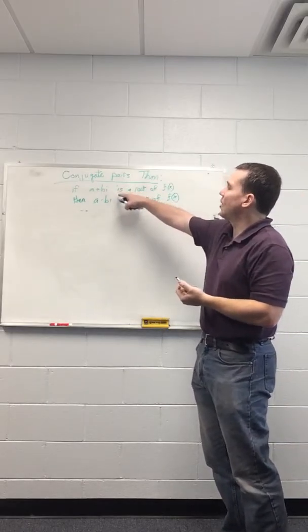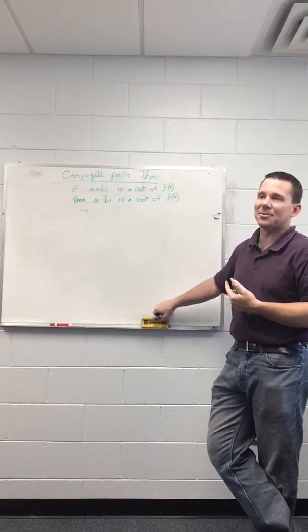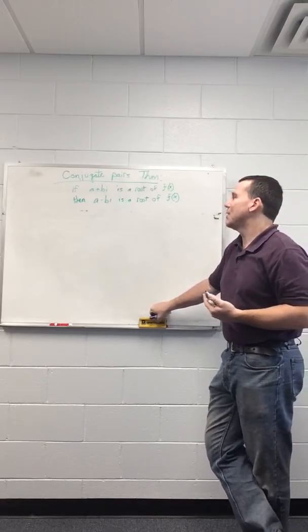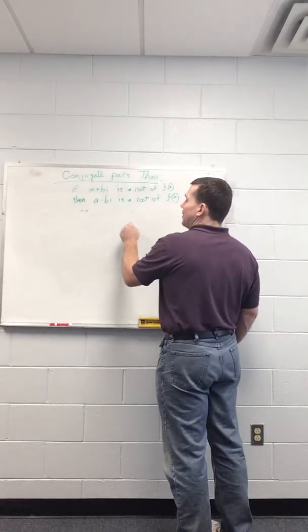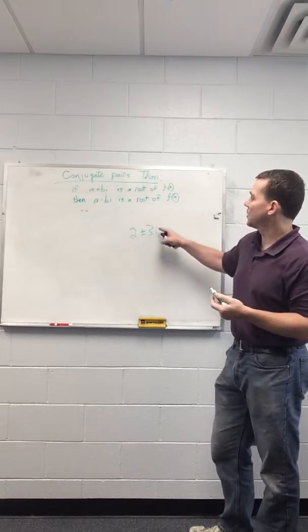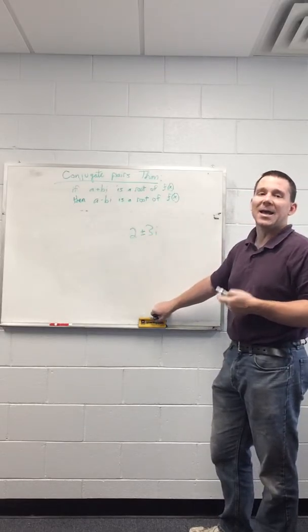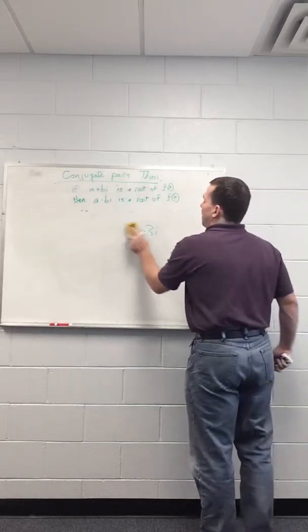Essentially, if you get one complex number as the root of a polynomial, then you get its conjugate as a root too. But we actually already know that because when you do the quadratic formula, when we got complex numbers, we would get things like 2 plus or minus 3i. 2 plus 3i, 2 minus 3i. They always come in pairs, which is all this says.